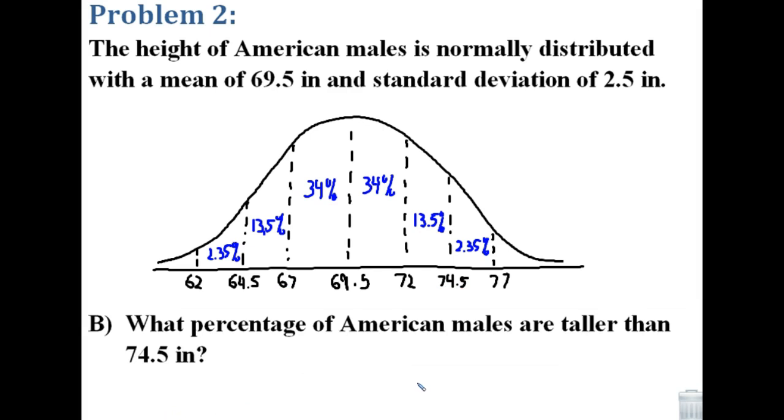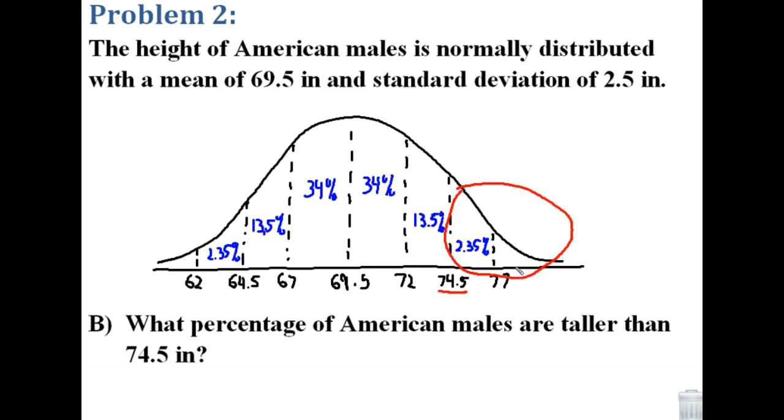Next question, part B, says what percentage of American males are taller than 74.5 inches? If I find my 74.5 here, I want to figure out what is above it, what percentages make up from 2 to 3 standard deviations and 3 and above. Now we didn't give you a spot here to memorize, so one thing we could do is figure that out.